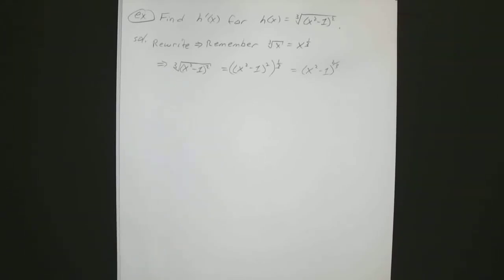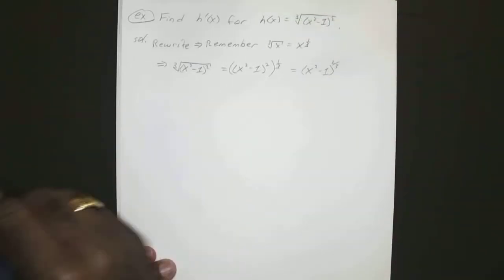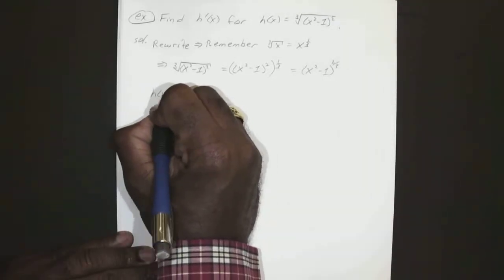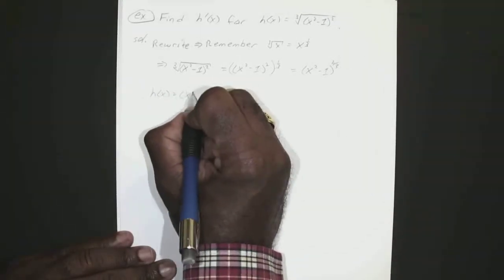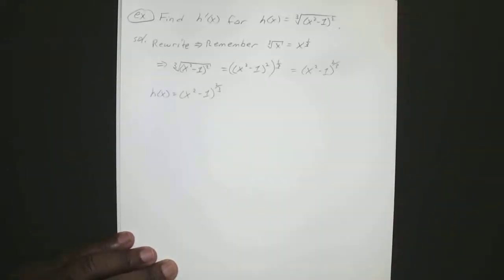A little bit of that property of exponents coming back. So that gives us h of x equals x squared minus 1 to the 2/3 power.